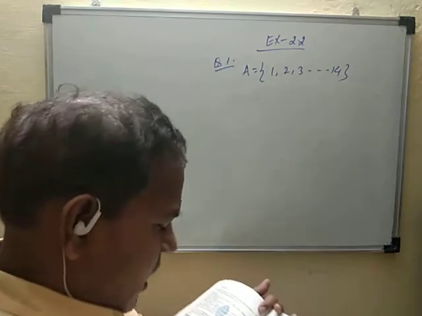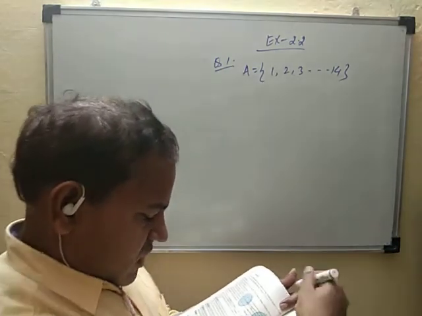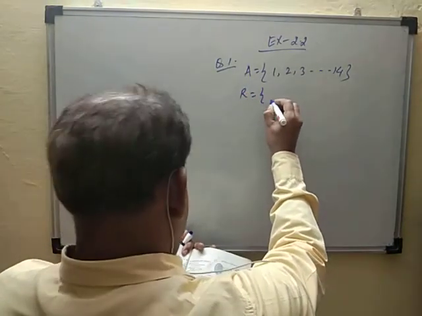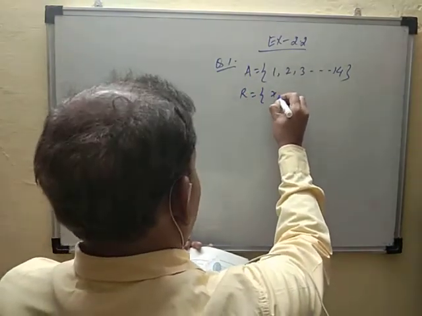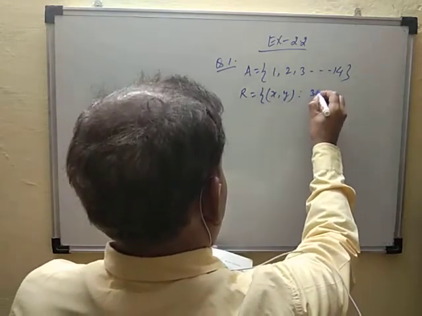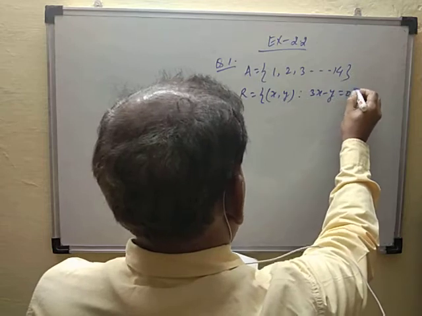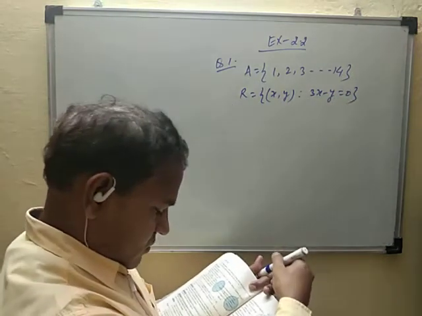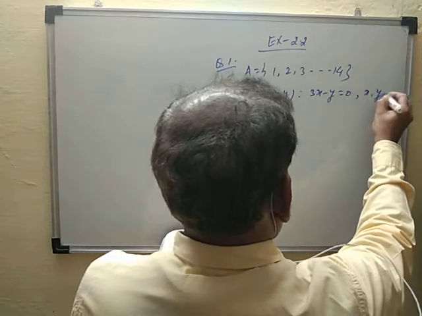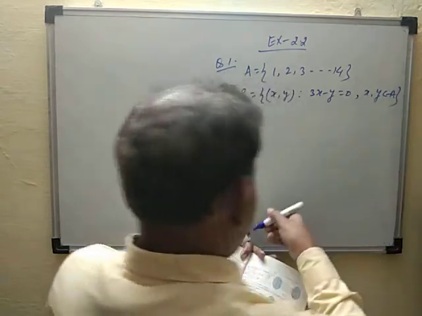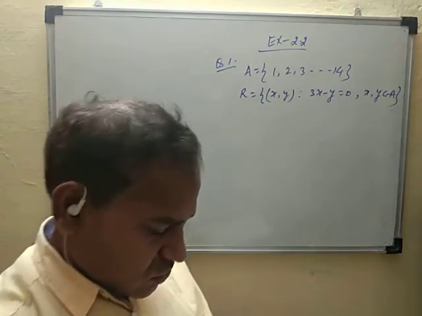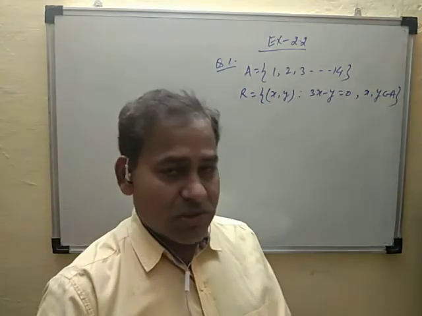Define a relation R from A to A by R = {(x, y) such that 3x minus y is equal to 0, where x and y belong to set A}. Write down its domain, codomain and range.